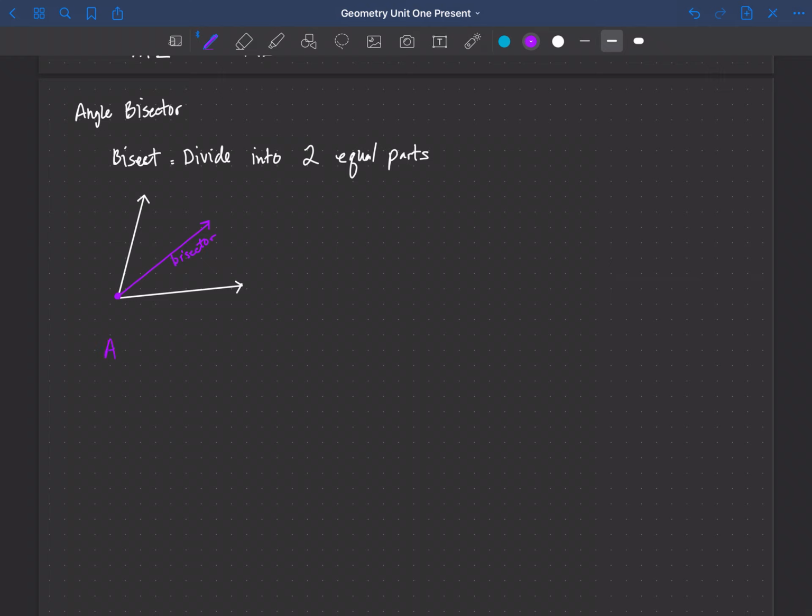A bisector, let's put that on the side actually, creates two congruent angles. Okay, so there's a new word here, congruent.